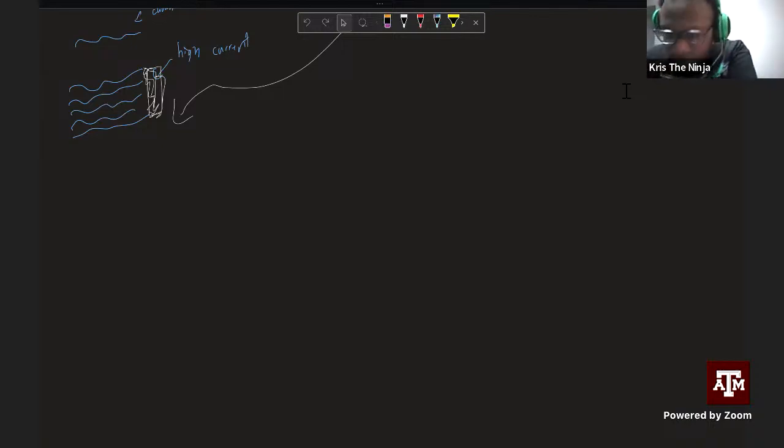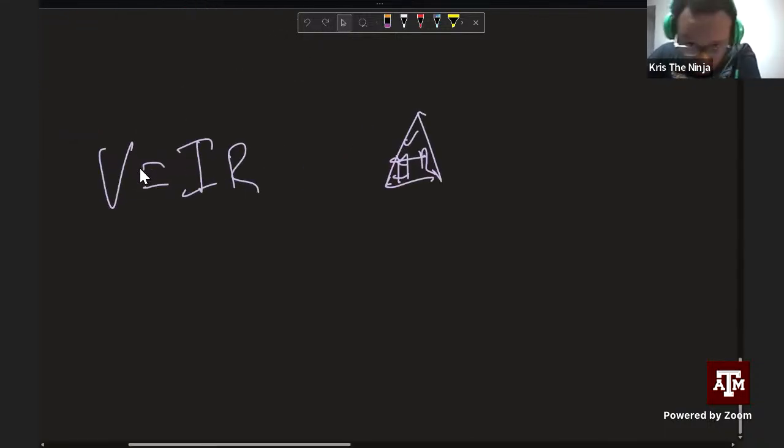But yeah, so that's Ohm's law. The way it's written is V equals I R, and that's the same thing as the triangle that we drew. You can see that. I will redo that real quick.